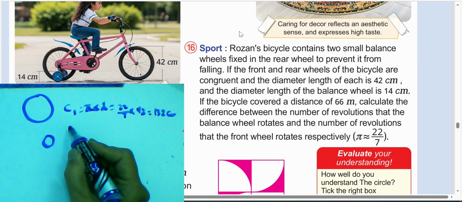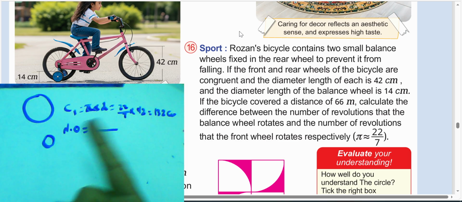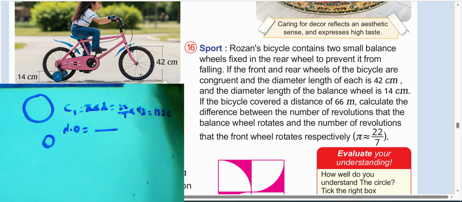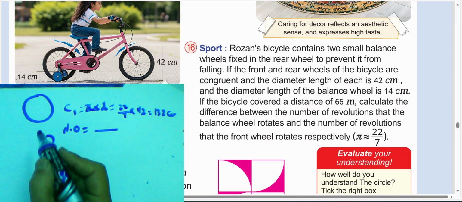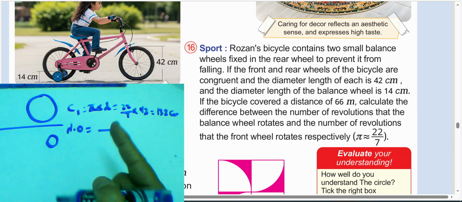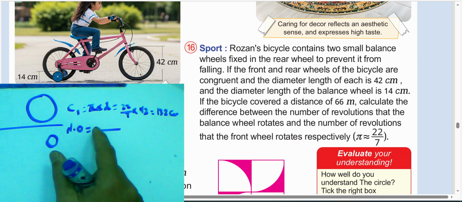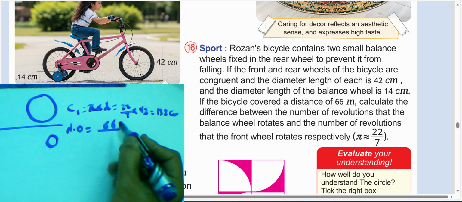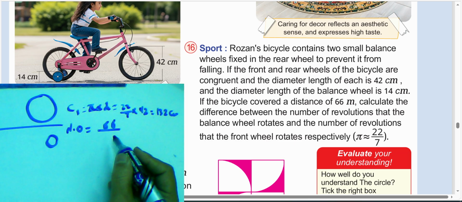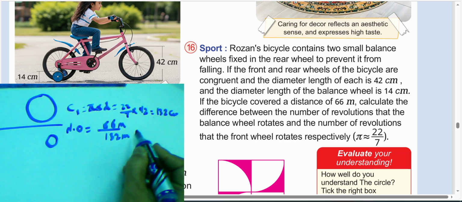Then the number of rotations, if the bicycle rotates, given the covered distance was 66 meters. To find the number of rotations of the front wheel, you divide 66 meters by 132 centimeters.